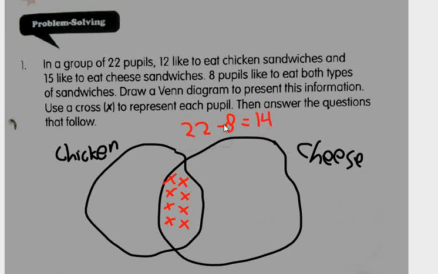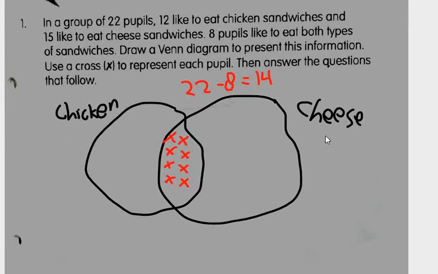Alright, so 14 crosses have to be drawn. Since the first circle has 12 and this one has 15.